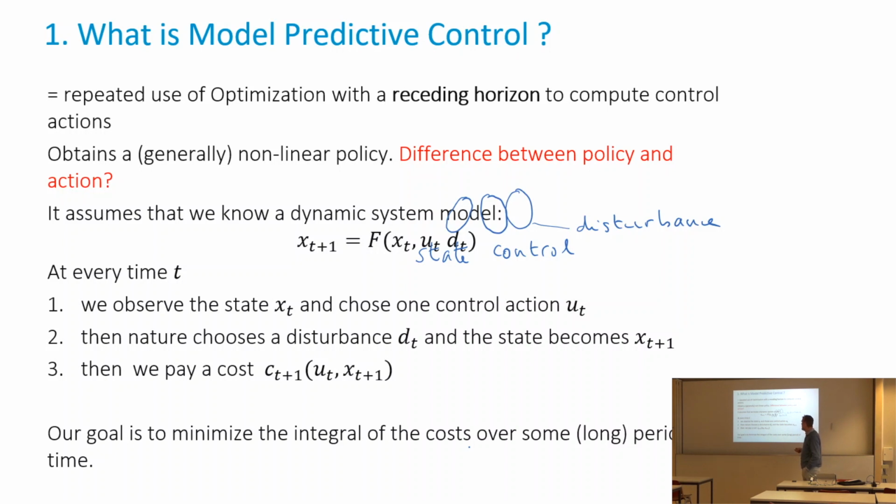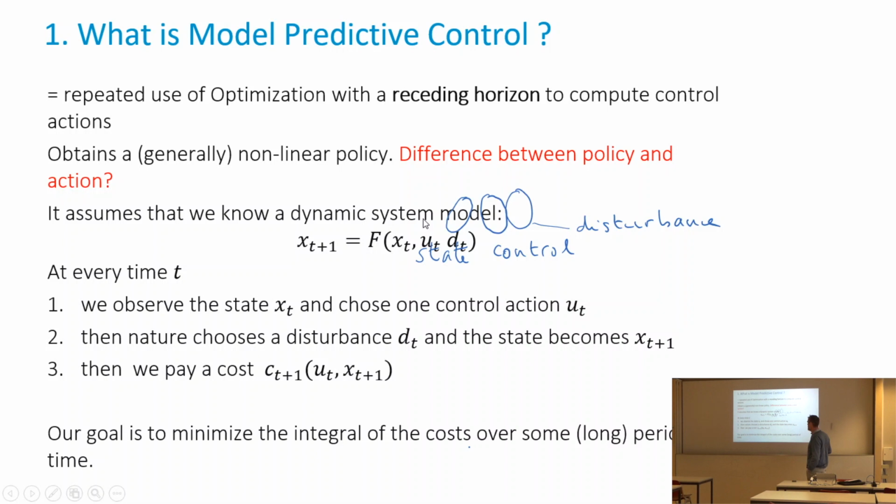A policy is, in the context of a dynamic system, of this form. Last week we had no concept of time essentially, except one or two parts in the lab, but essentially the state that we had last week was the result of two agents playing, us choosing a control, u, and nature, or disturbance, or things we don't control, playing a disturbance d, and the result was a function of u and d.